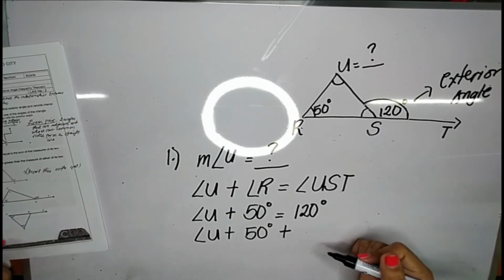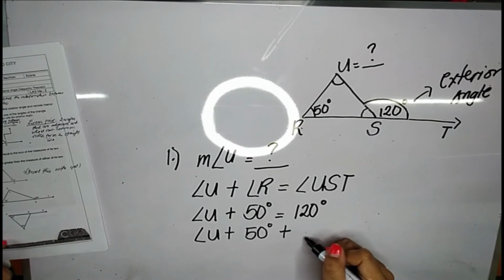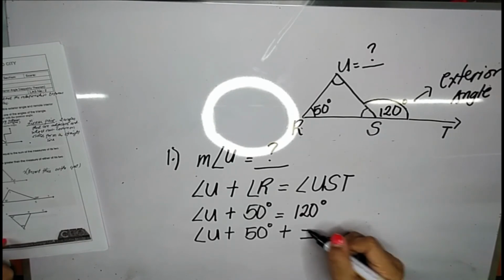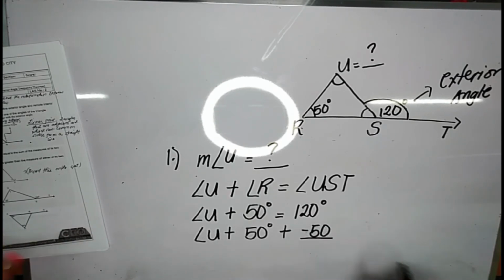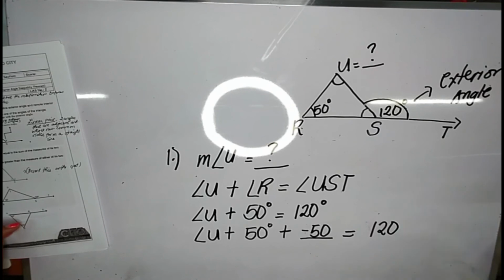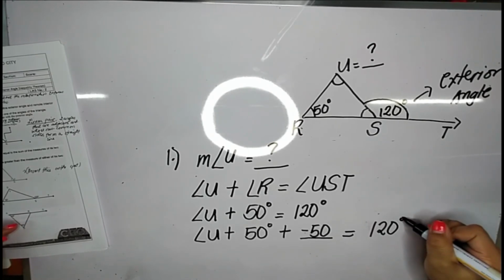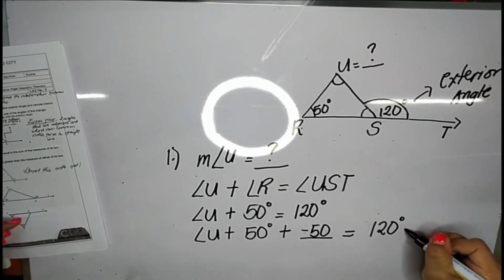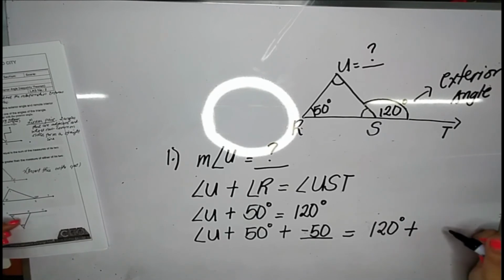The opposite of 50 is, of course, negative 50. And both sides, because that is according to the addition property of equality, both sides with the same quantity.